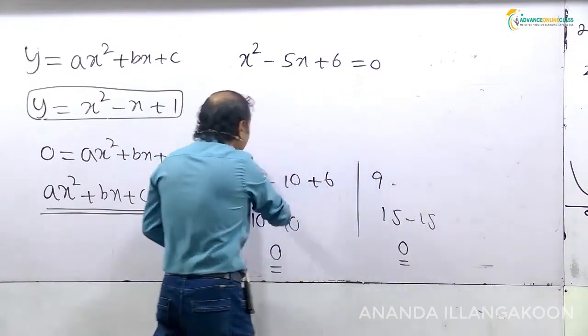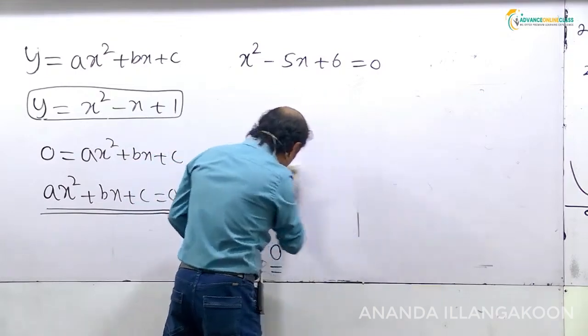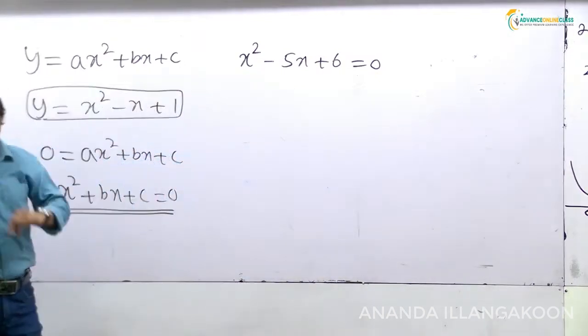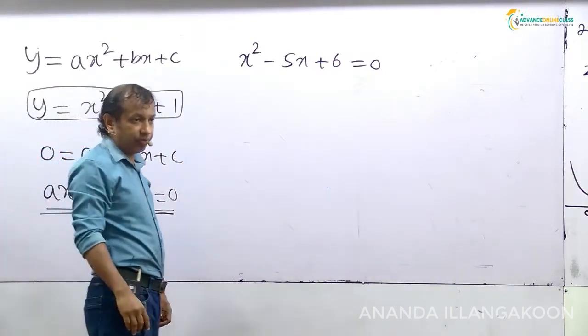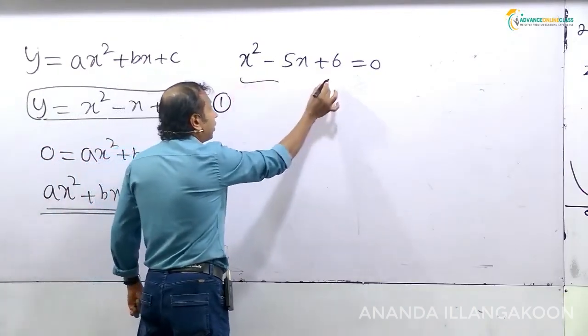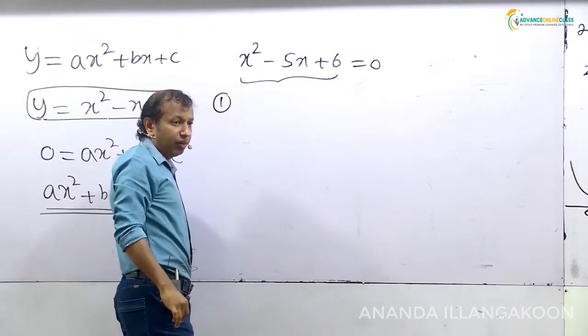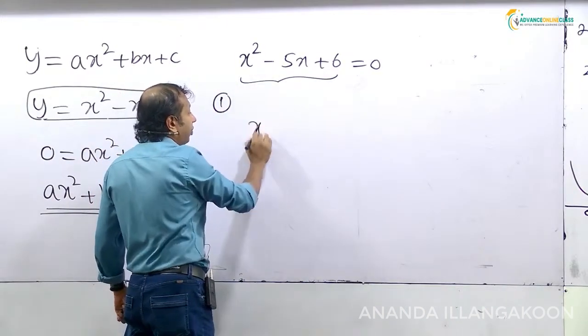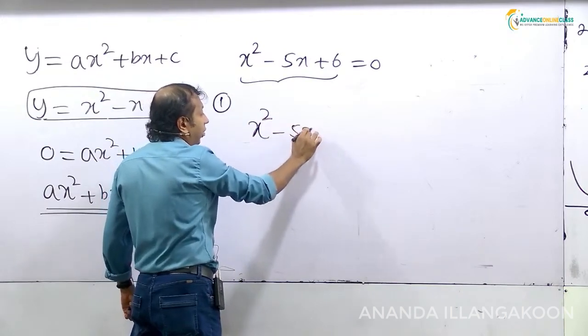For this kind of quadratic equation, to find those two solutions, basically there are three methods. The first one is, we factorize the quadratic expression on the left hand side. You know how to factorize this. What is the way, people? x squared minus 5x.